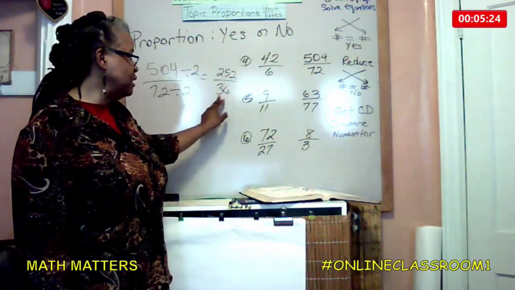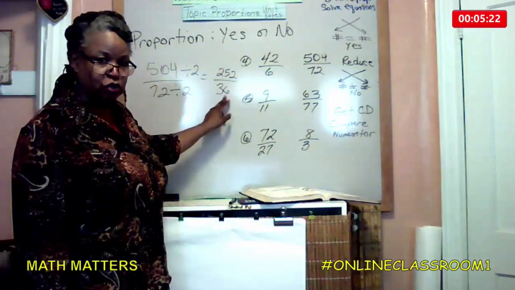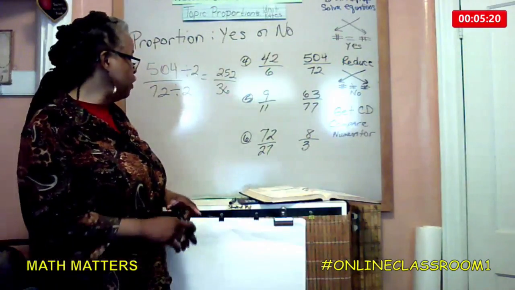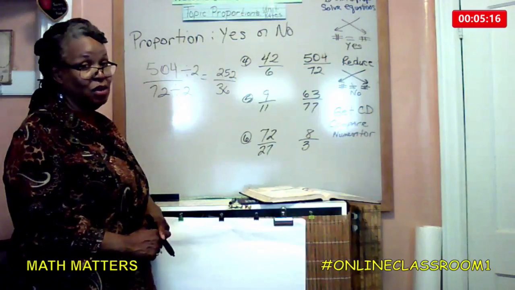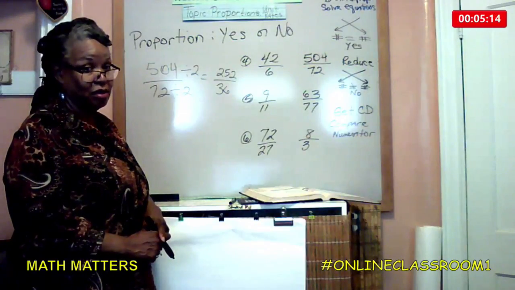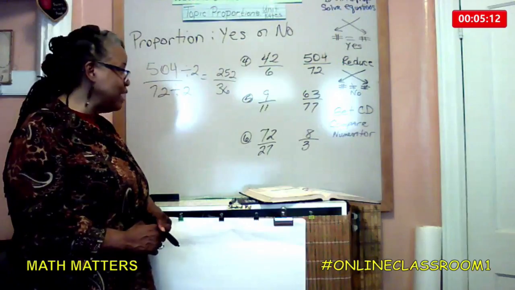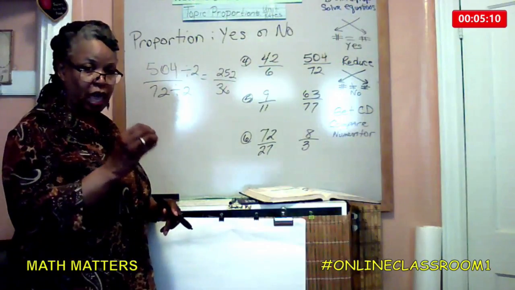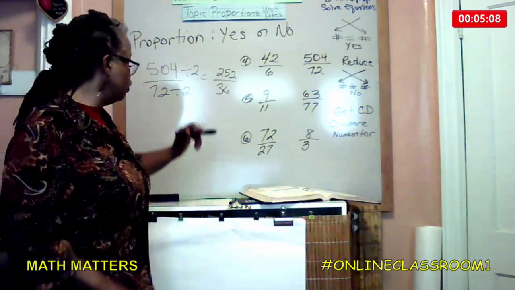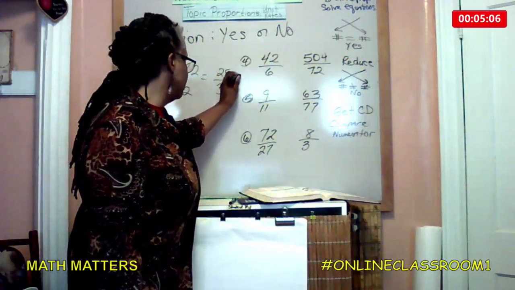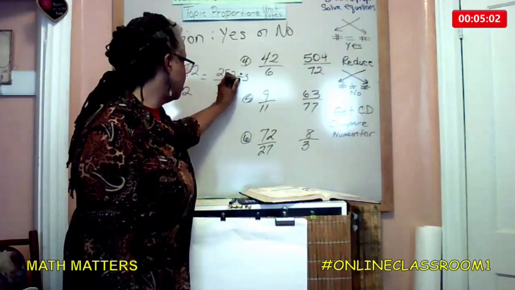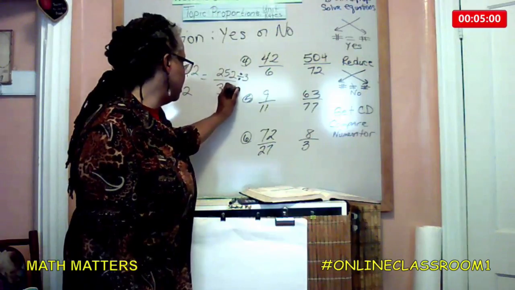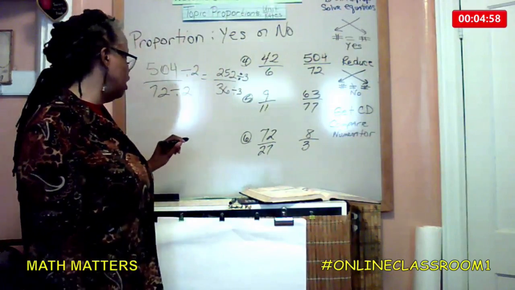When I add 3 plus 6, I get 9. 3 goes into both of those numbers. Now I know that 9 goes into both, but I'm going to take it slow. So let's divide out a 3 in the numerator and a 3 in the denominator.